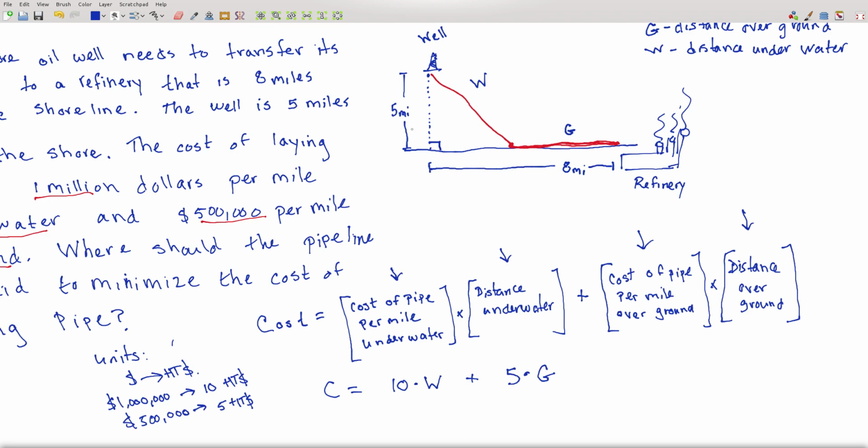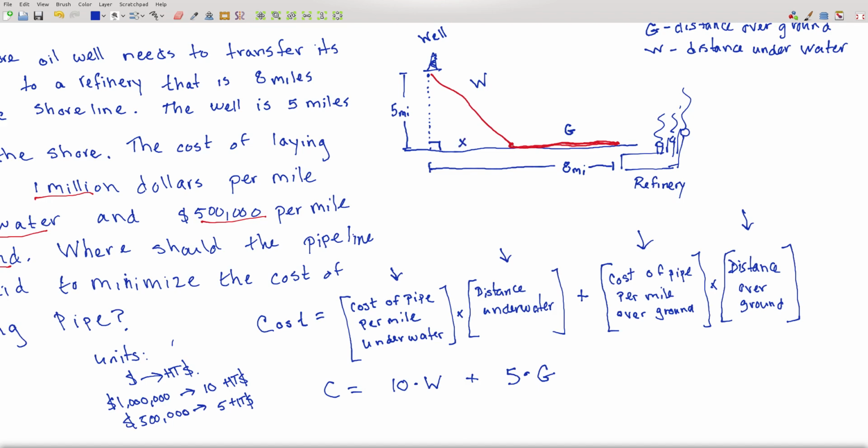Okay, so let's see if we can write that out. In order to use the Pythagorean theorem, I know this leg of the right triangle. I don't know this one yet, but I know that the whole thing here is 8 miles, right? So since I don't know what it is, I'm just going to call this x.